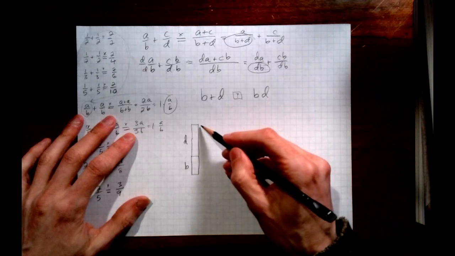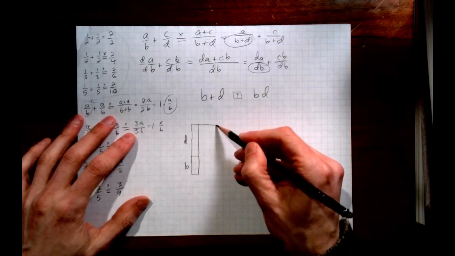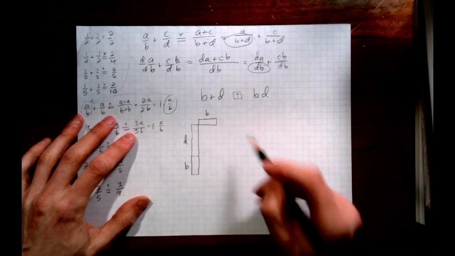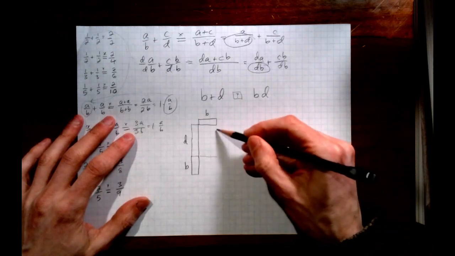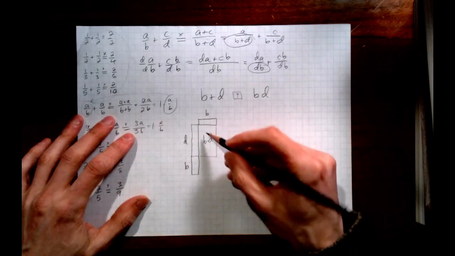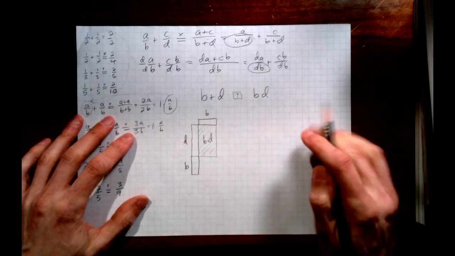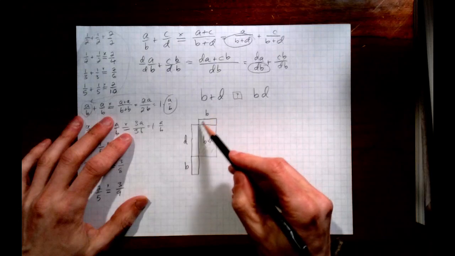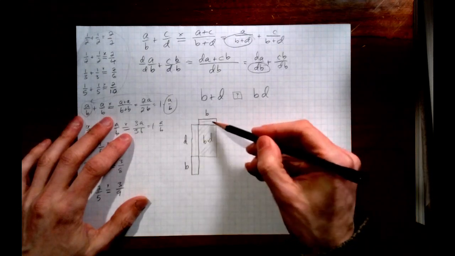And then I'm just going to take b over here and turn it. Hopefully I said b. Because this here is b times d. Just give a little shading. And this here is b. If I take this and add it to this, that would be b plus d.